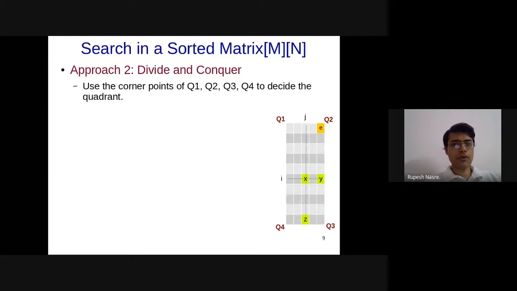If the number is greater than y and greater than z, can I say that it is in Q3? Any suggestions?